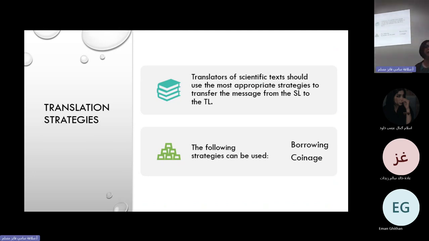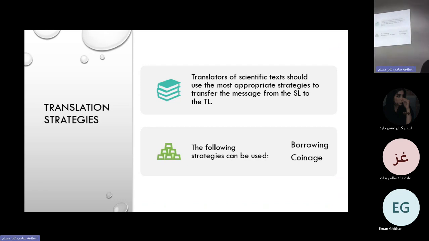What are the translation strategies that we can use in scientific and technical translation? Translation of scientific texts should use the most appropriate strategies. We looked before at some strategies for technical texts. Now, for scientific texts, we can use the following two strategies.